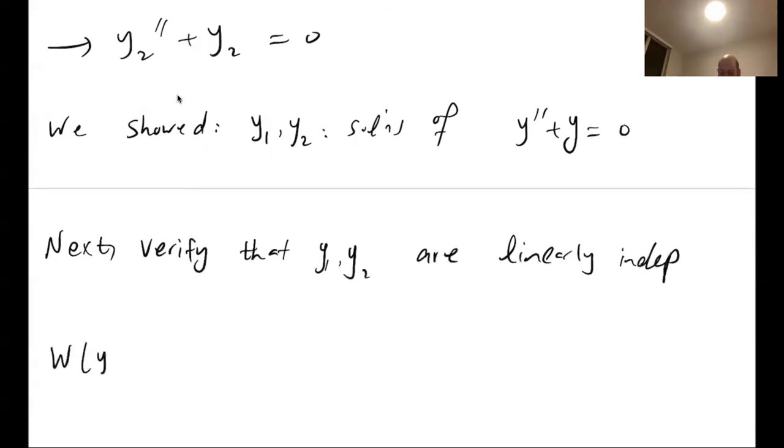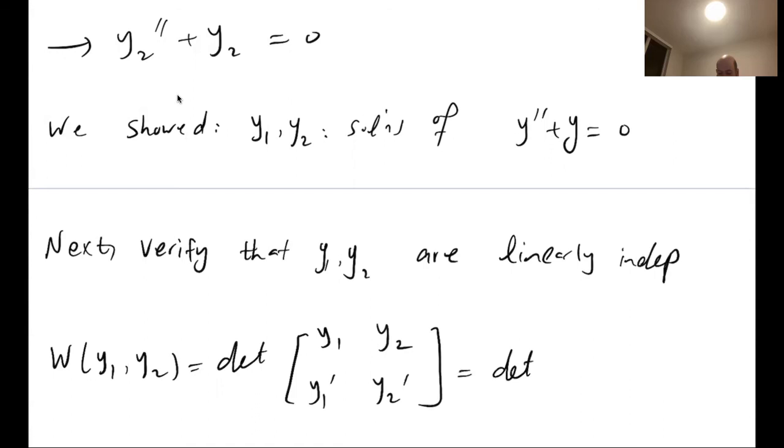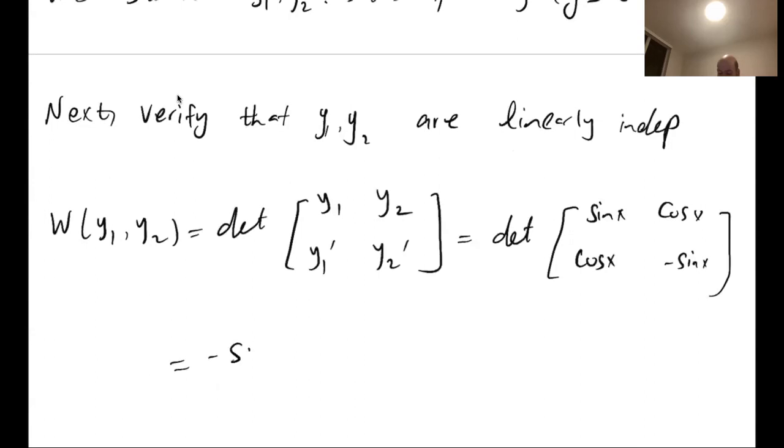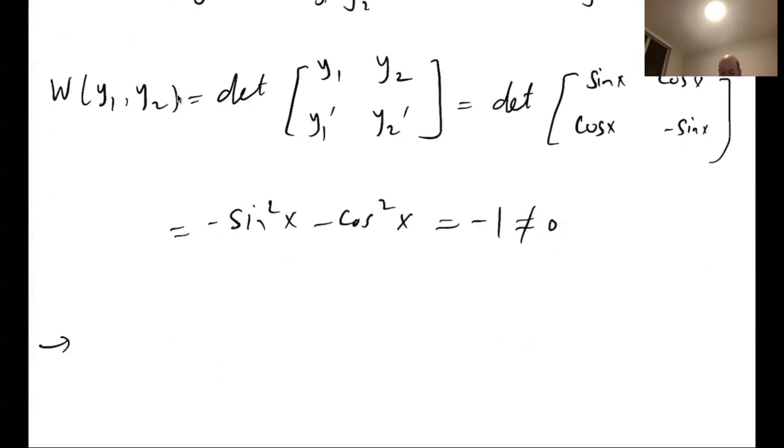So W of y1, y2 is the determinant of y1, y2, y1 prime, y2 prime, and that's the determinant of sine x, cos x, cos x, minus sine x, since the derivative of sine x is cos x and the derivative of cos x is minus sine x. Then this is minus sine squared x minus cos squared x, which is minus 1, and that's non-zero. So that means y1 and y2 are linearly independent.